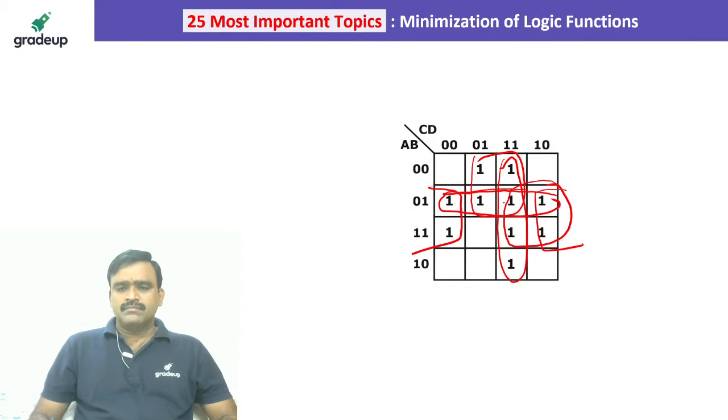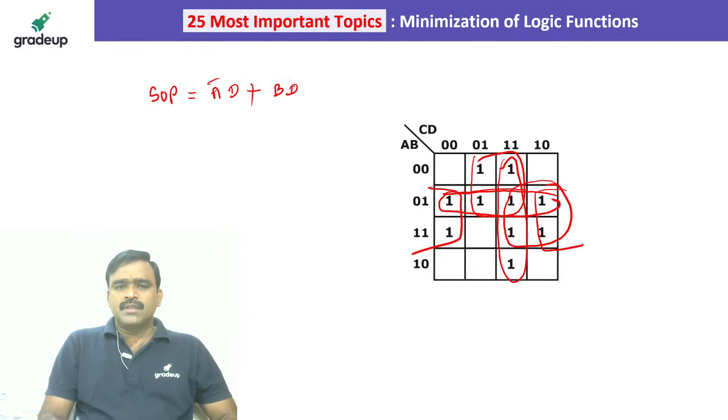Any more? So minimal sum of products SOP form: I am taking the 4 corner ones, this one comes under A bar D. So A bar D plus, and these 4 corner ones come under B D bar.